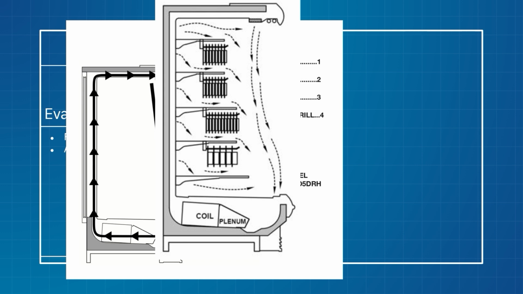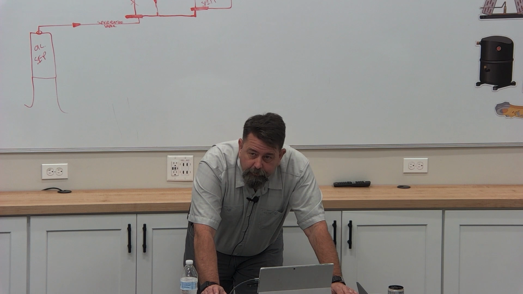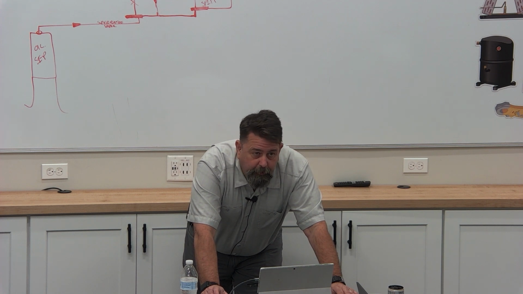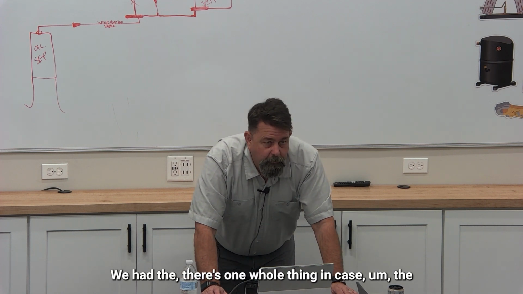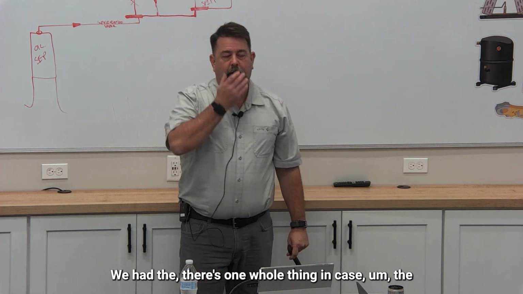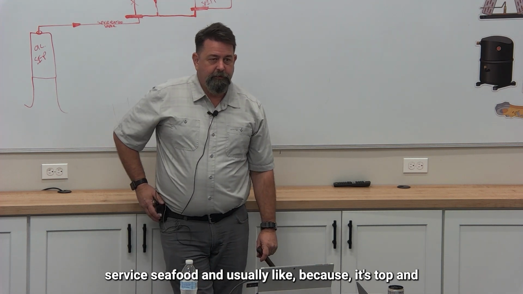That means this fitting, wherever this coil meets this back of this case, is also critical. Right? If I have a leak here, my air that I'm supposed to be pushing here is going to roll into here instead. All right? That's going to be a problem. We had one whole thing in this case, the surface seafood.